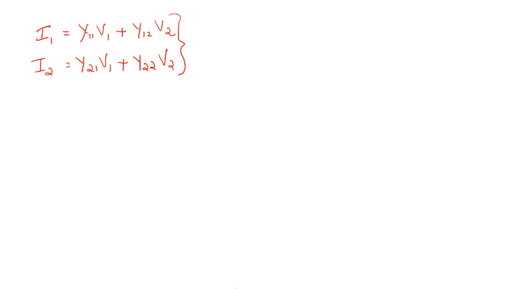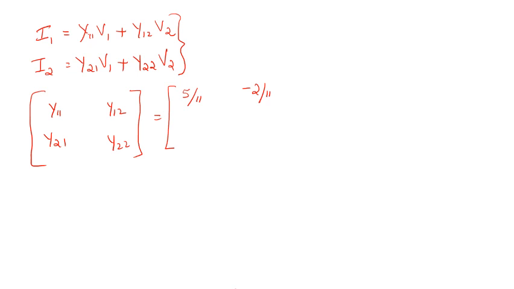Compare the equations A and B which we got with these two equations. Then we will get the values for Y11, Y12, Y21 and Y22. Their values will be 5 by 11, minus 2 by 11, minus 2 by 11, minus 3 by 11.